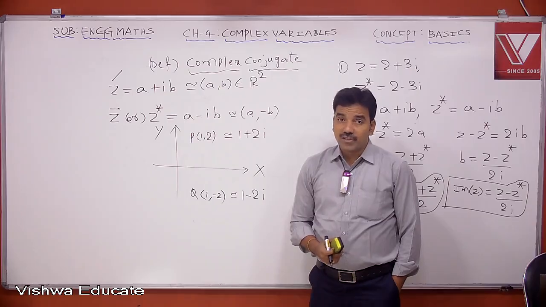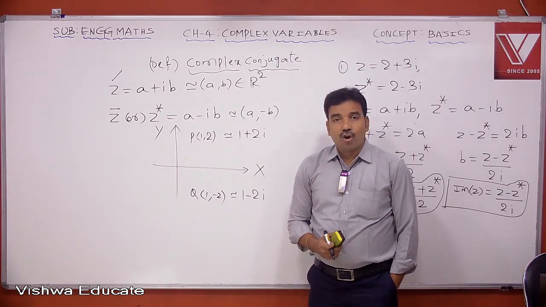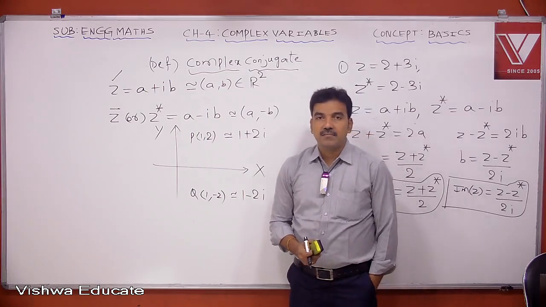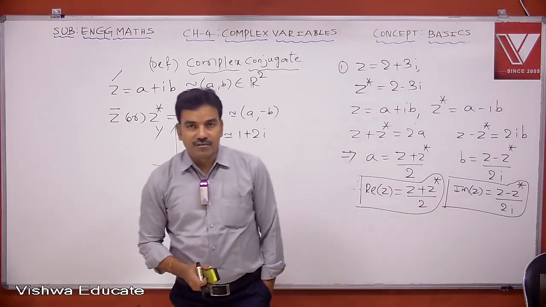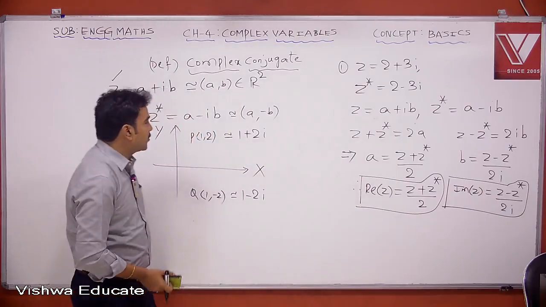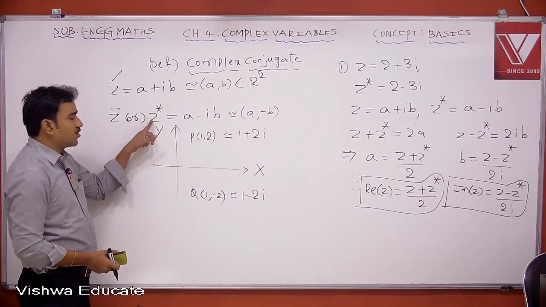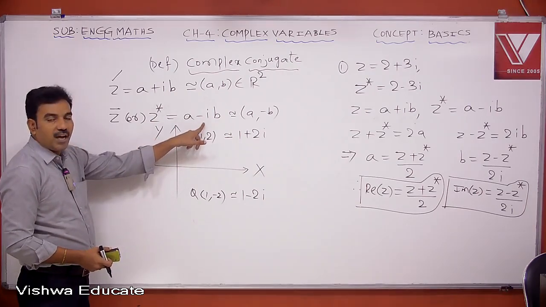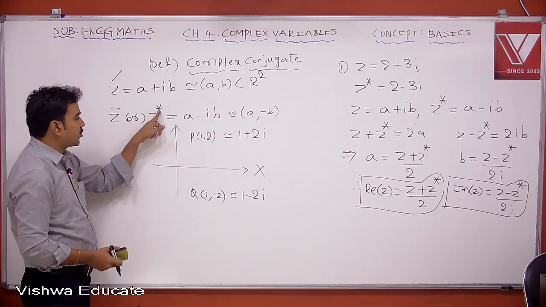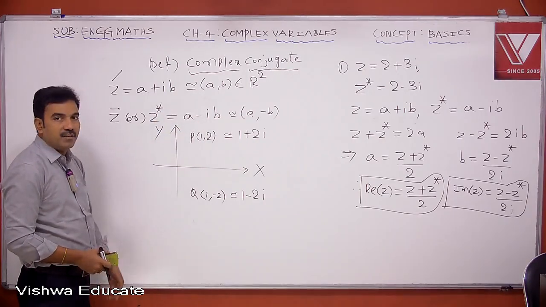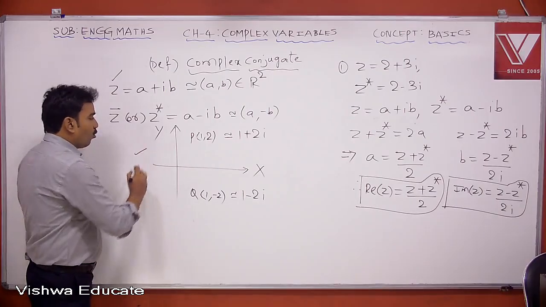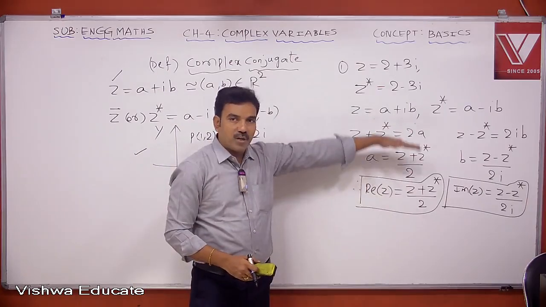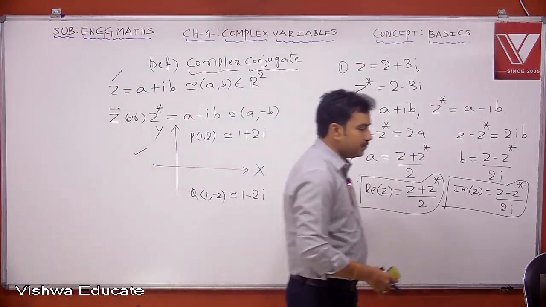The complex conjugate of z is denoted and defined as z bar or z star equal to a minus ib. You can have this coordinate system, x-axis and y-axis, followed by these two important points. Okay.